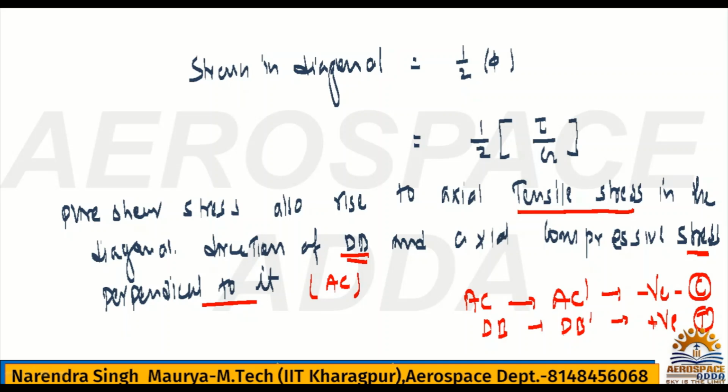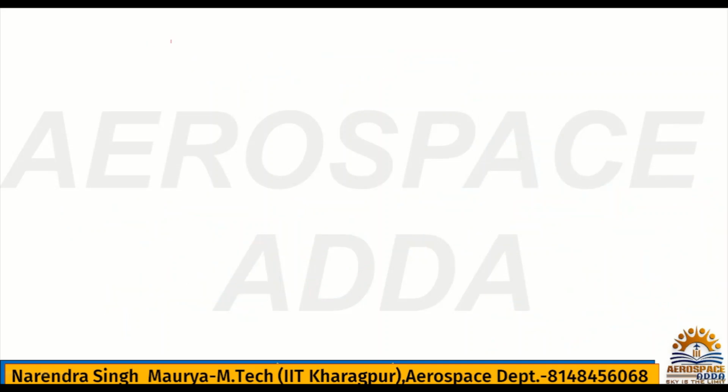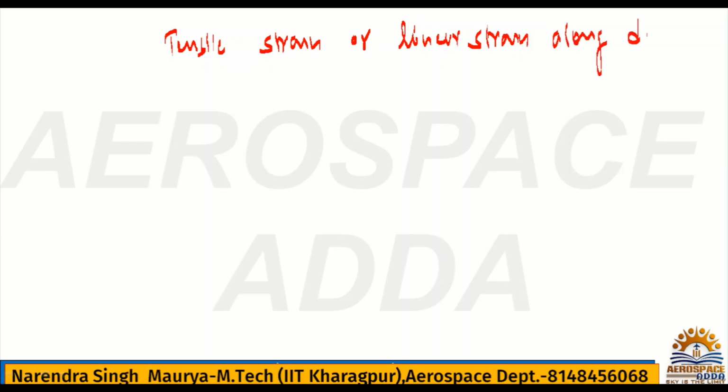So tensile strain, now along the diagonal we have to write. So what is the tensile strain? Now almost done. Tensile strain, or you can say linear strain along the diagonal.